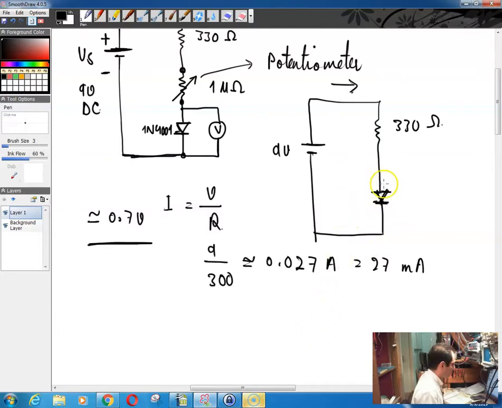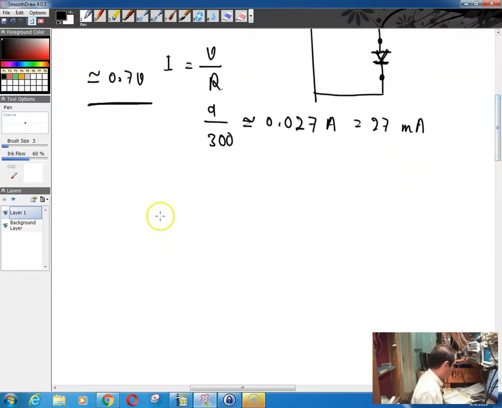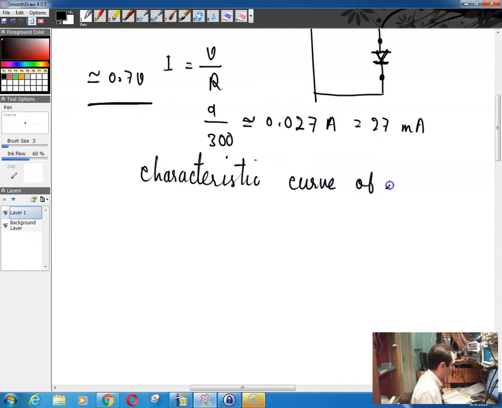If the voltage drop on your diode in this circuit and the current going through your diode have a relationship between them, the relationship is basically something like this, and they call it the characteristic curve of the diode.